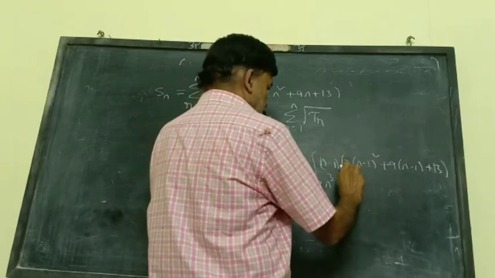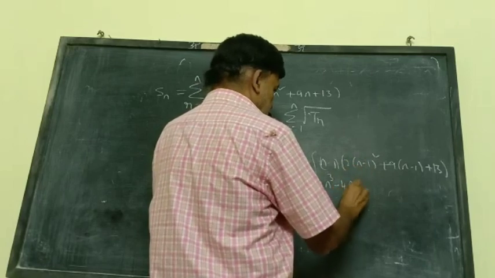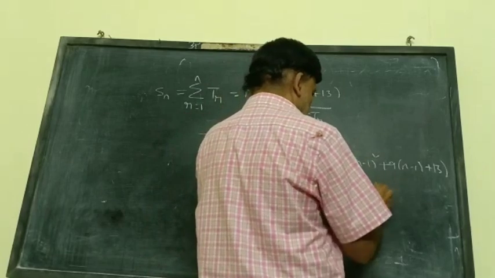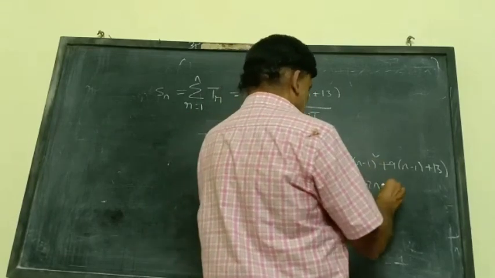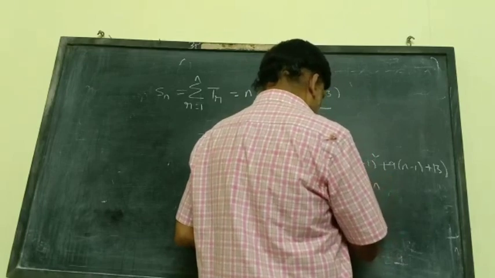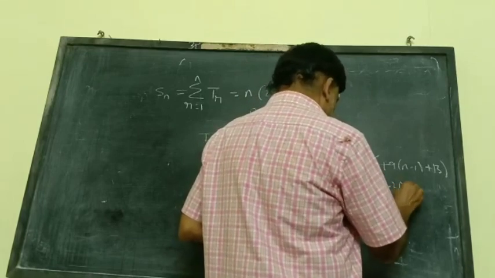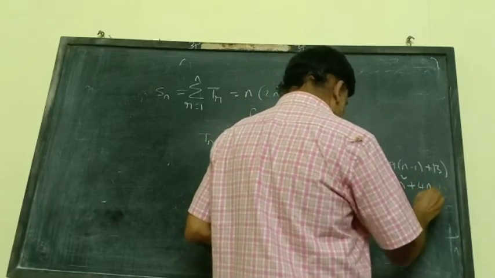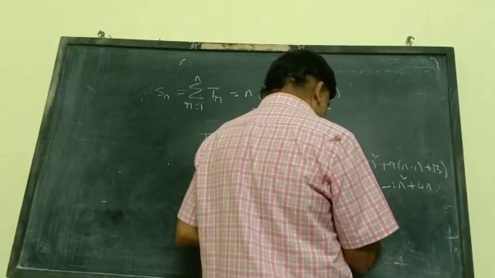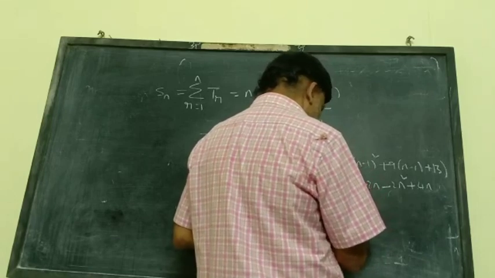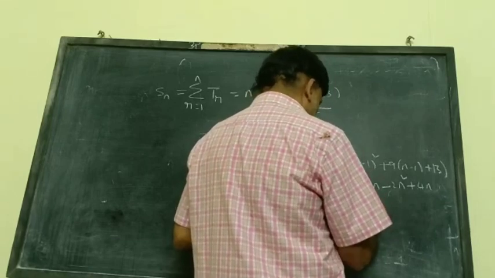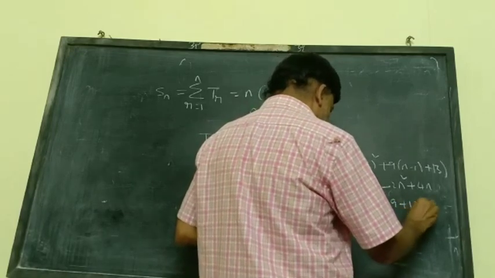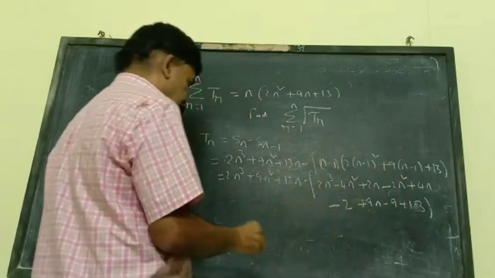Next is minus 4n into n, so minus 4n square, plus 2n. I am just directly expanding this. Minus 1 into 2n square, minus 2n square plus 4n minus 2 plus 9n minus 9 plus 30. This is what I am having.